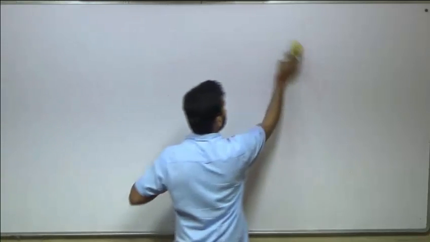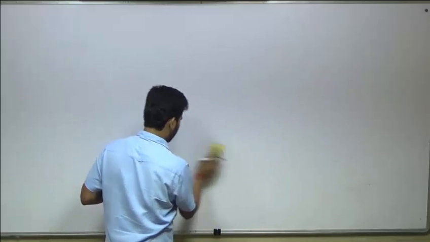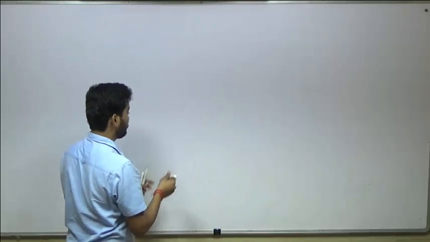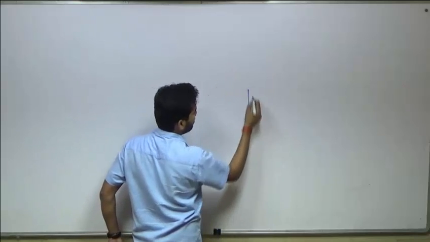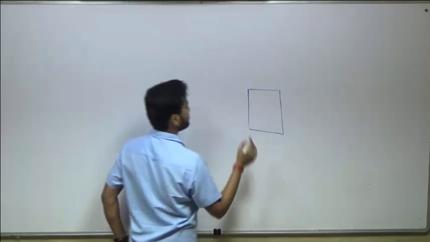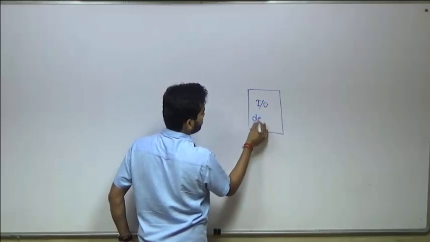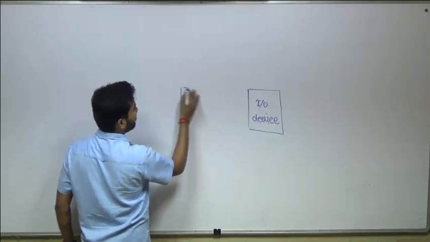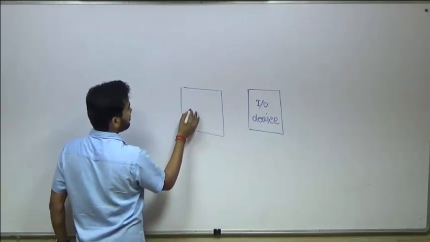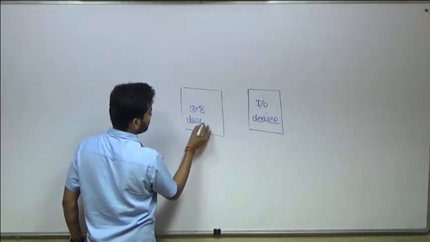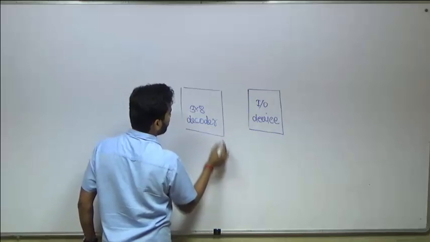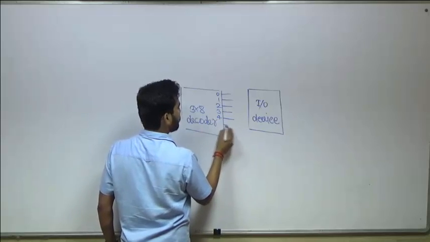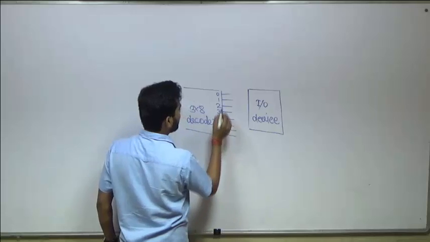For this input output interfacing, there is an input output device and a 3 to 8 decoder, with outputs 0, 1, 2, 3, 4, 5, 6 and 7.